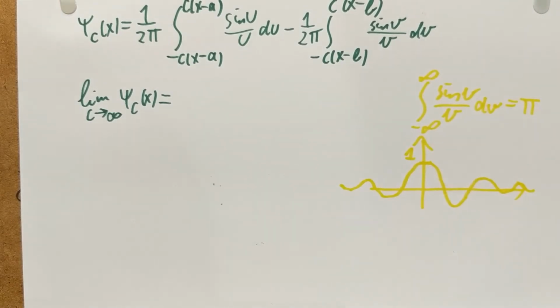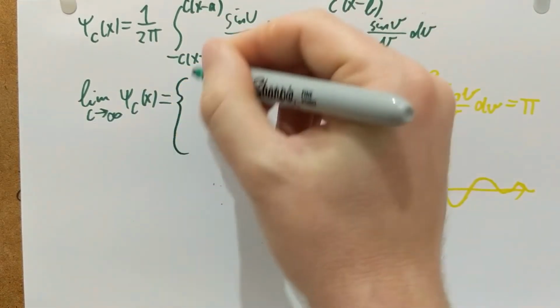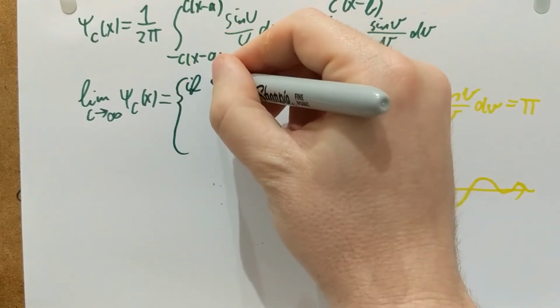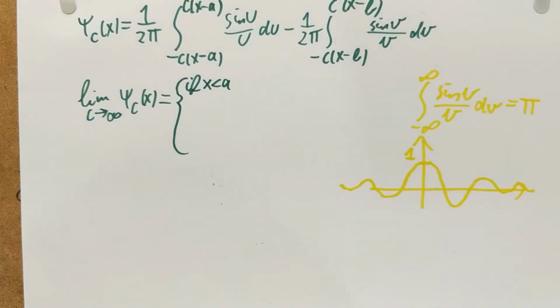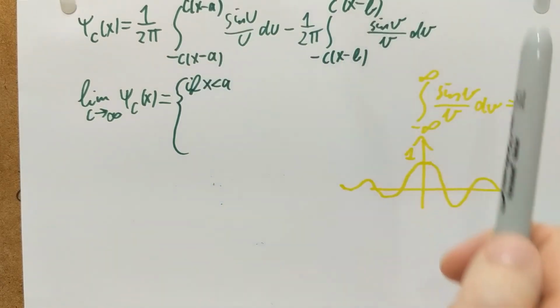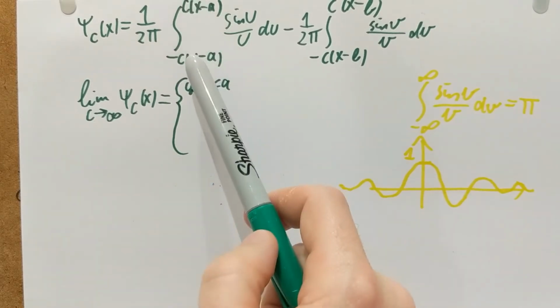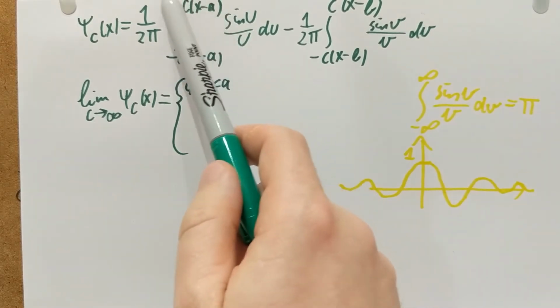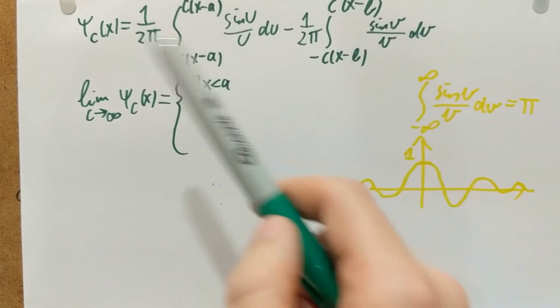But let's get back to the integral we have now. The first observation I want to make: if x is smaller than a, so that makes all these bounds negative. If I take c to infinity, then I have from positive infinity to minus infinity, and the same for the second integral, integrating the same thing.